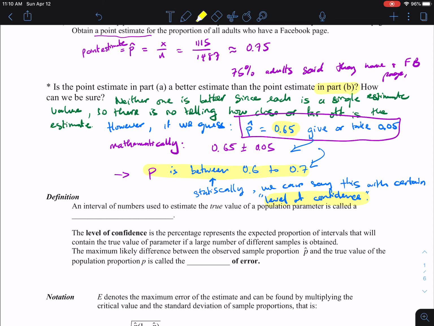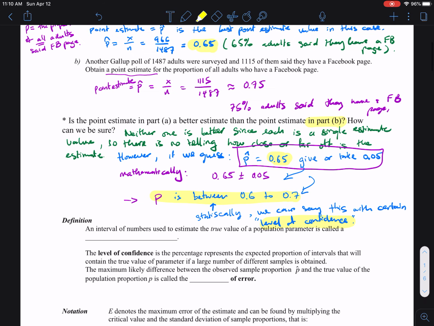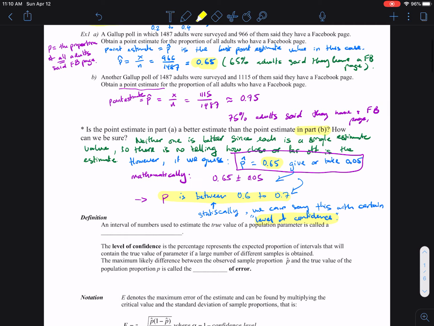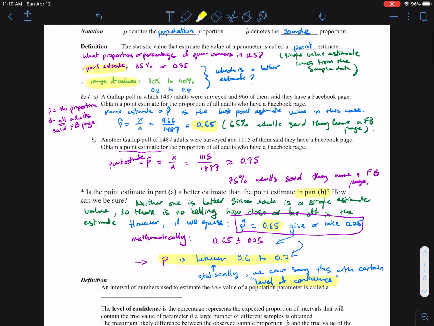To wrap this up, we have a single value for estimating what the actual parameter will be, or we can use a range of values. With a range of values, we have more possibility of being wrong, because there are more different values, and we associate that possibility of being wrong with a certain level of confidence. So formally, this is what is used more than just a single value estimate.